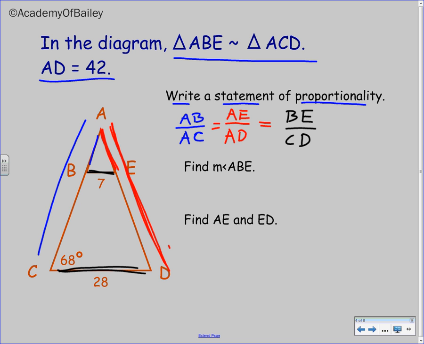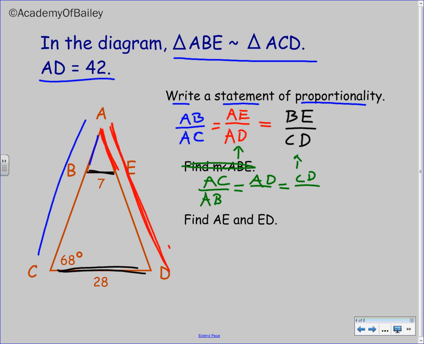And you might ask, do I always have to put the smaller triangle on top? No, you don't have to. Let me cross this off for a second. At the very beginning, we could have put AC on top, and then AB would have had to go on bottom. But also remember, if AC goes on top, then AD would have had to go on top. And CD would have also had to go on top.